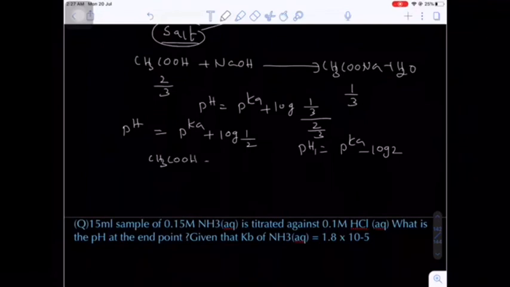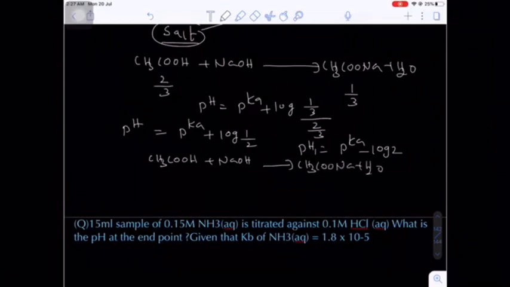Let's suppose this is pH 1. Now the second case, how much of the acid will be neutralized? 2/3. Means 2/3 of the acid is neutralized, so 1/3 of the acid will be left. Because 2/3 of the acid is neutralized, 2/3 of salt will be formed. Yes or no? 2/3 of salt will be formed, 1/3 of acid will be present. Are you getting my point?